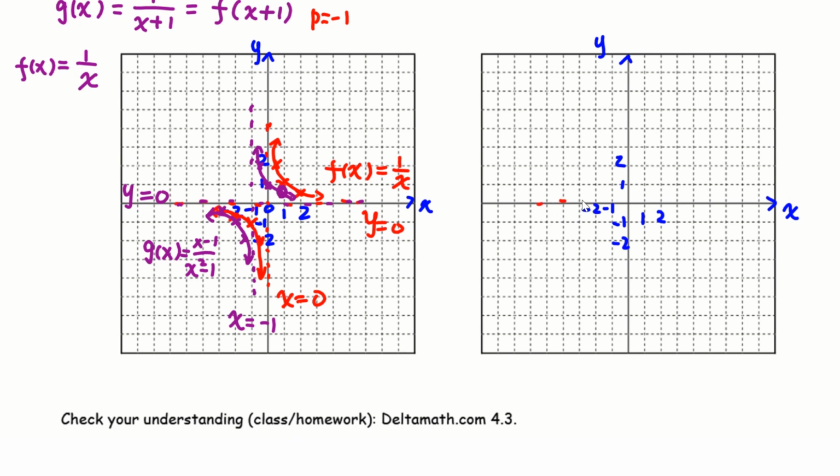So it's x equals 0, this is y equals 0, then x equals 0. The graph will never ever cross these two asymptotes. Then negative 2, negative 1 over 2, reciprocal, reciprocal. Then reciprocal, 2 reciprocal. So f at x equals 1 over x.